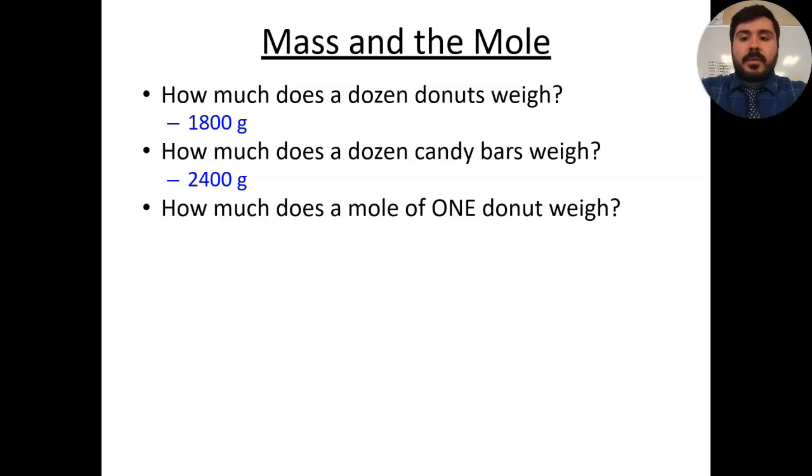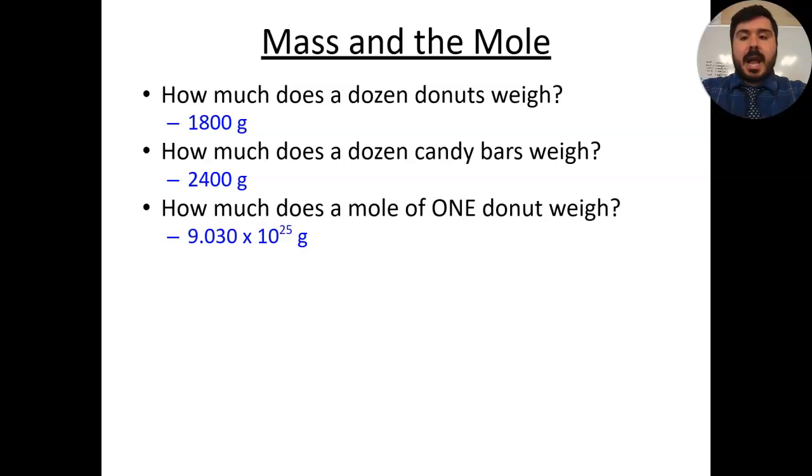Now, if we think of this in terms of moles, how much does a mole of donuts weigh? If I had a mole of donuts, I'd have this many donuts. And quite simply, guys, we got that by multiplying that 150 grams, the mass of 1 donut, by 6.02 times 10 to the 23rd.